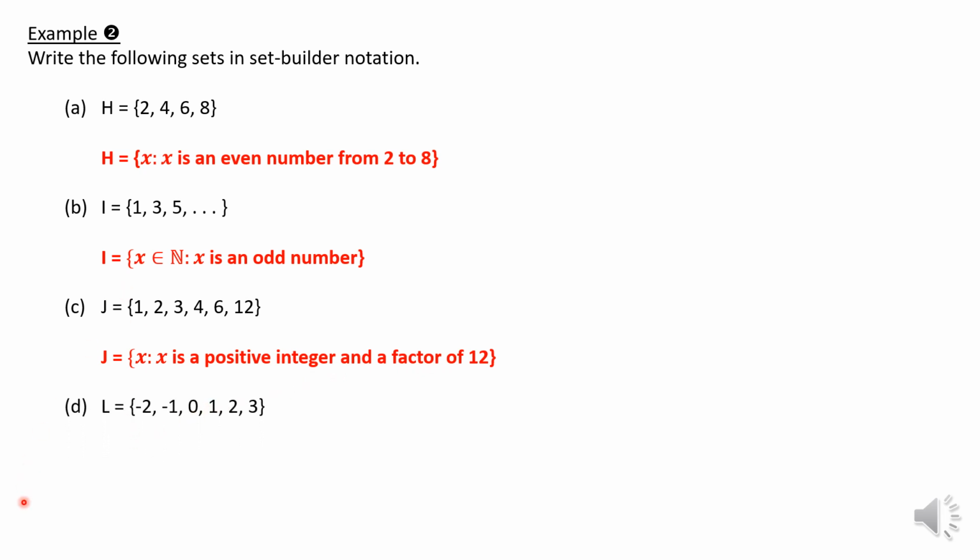When you look at this particular one here at D, you have set L equal to -2 up to 3. So you can say x is an element of the integers such that x is greater than or equal to -2 and less than or equal to 3. There are many ways that somebody can write this problem.